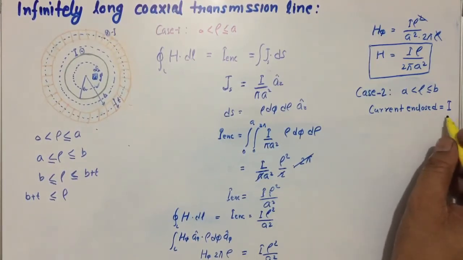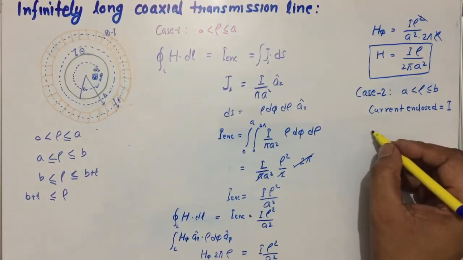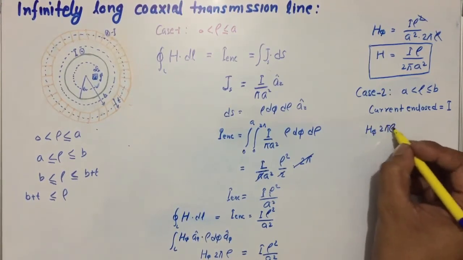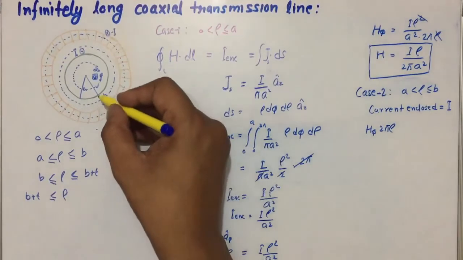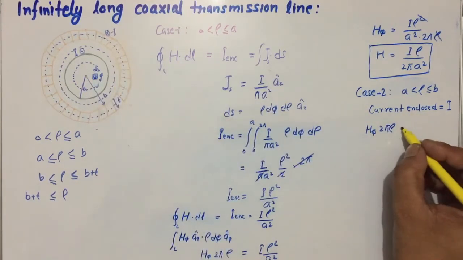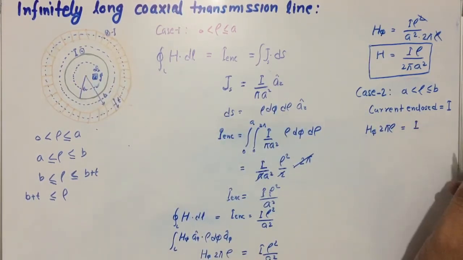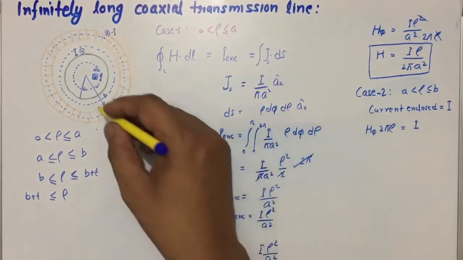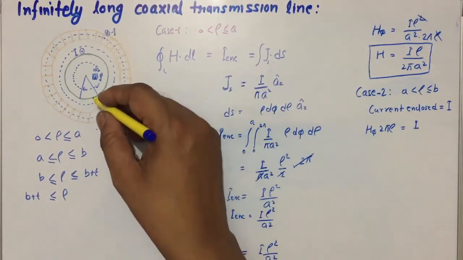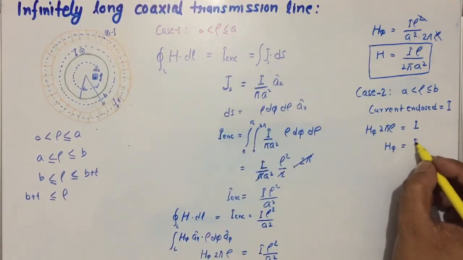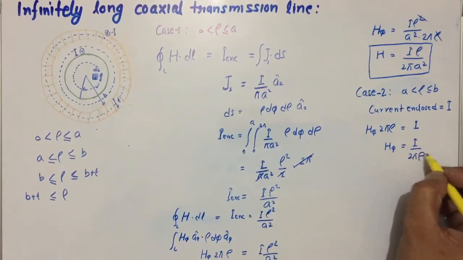And if the current enclosed we know, then from H dot dl we can find H phi 2 pi rho. Now rho is not this, rho is this rho from here to here. 2 pi rho is equal to I, because this is the total current enclosed by this Amperian path which is lying between this and this, and H phi will be I by 2 pi rho.